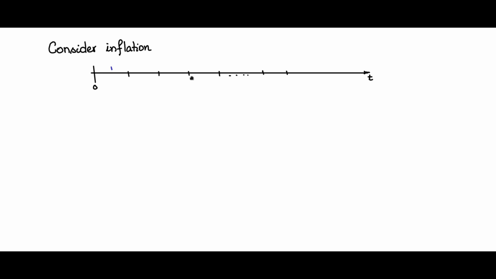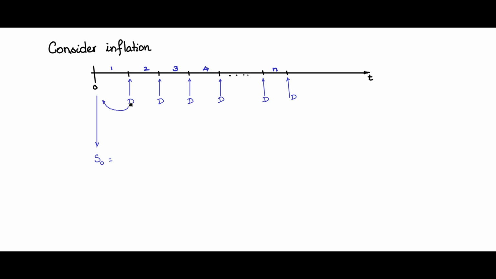Inflation is given the symbol F. Let us say in this timeline, where each interval is 1 year, this is year 1, year 2, year 3, year 4, year n, and you are paying equal annual installments D at the end of every year, and we are interested to find the present worth today of all the future equal annual installments that one would pay.